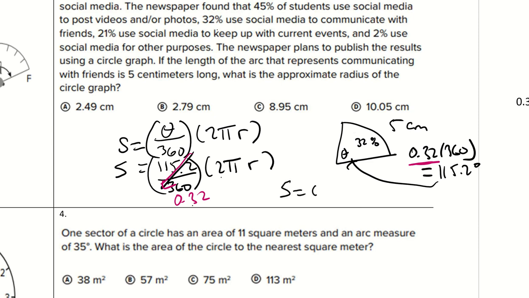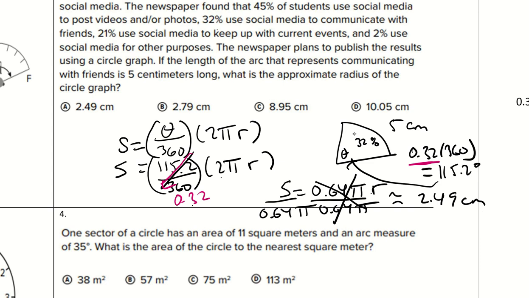So 5 equals 0.64 pi times the radius. Divide both sides by all of that stuff, and so r is equal to 5 divided by 0.64 pi, which would give you almost 2.5 centimeters.